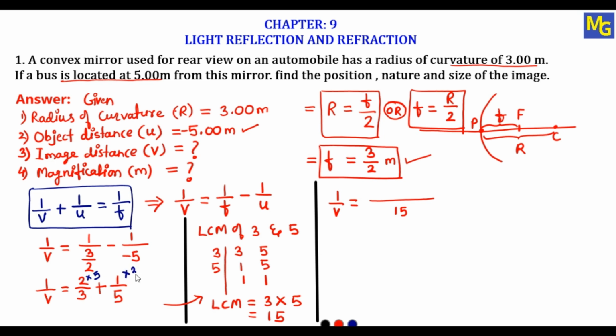So like this you have to multiply: 2 5s are 10 plus 3 1s are 3. So 1 by V is equals to 10 plus 3 will be 13 over 15. This is 1 by V, but we want only V. So V is equals to 15 divided by 13. Now we will divide 15 by 13 to find the value of V.